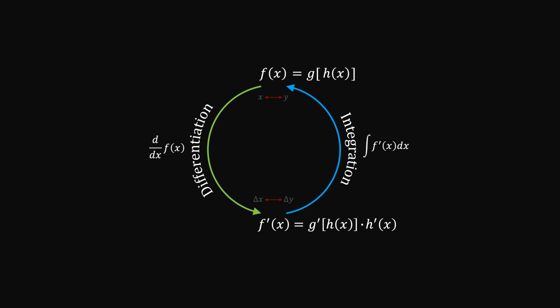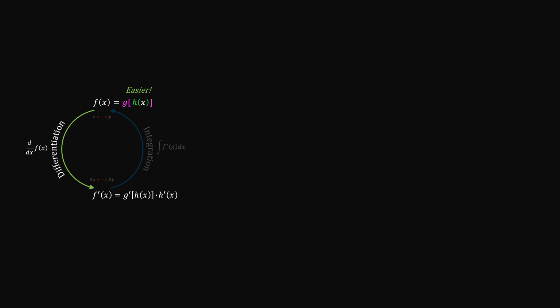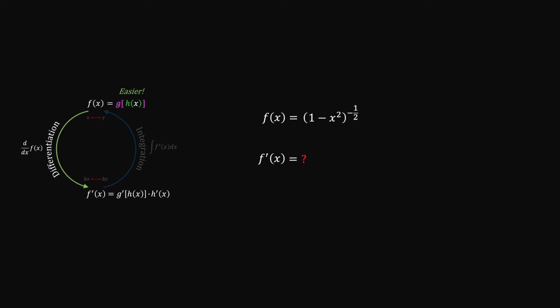However, to identify them, it's relatively easier in differentiation, because the two layers are given explicitly. For example, what is the derivative of this function? It's easy to spot 1 minus x squared as the inner layer, giving us the intermediate result u.